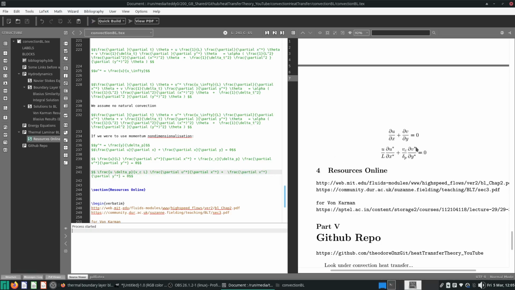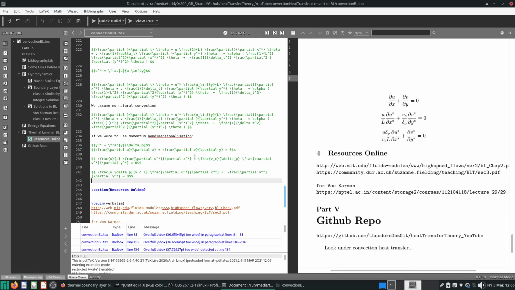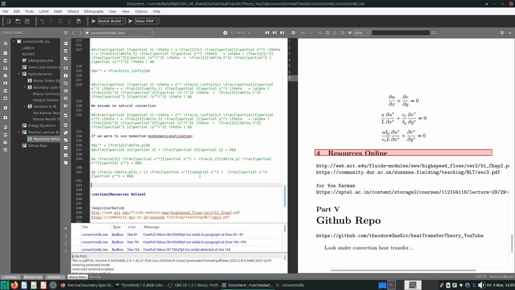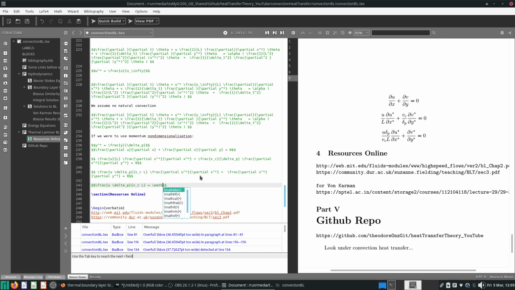Since both of these derivatives are on the order of magnitude of 1, they have to be, because we set the non-dimensionalization like that. I think you may have done this before. U infinity delta P over VC L equals order of 1.